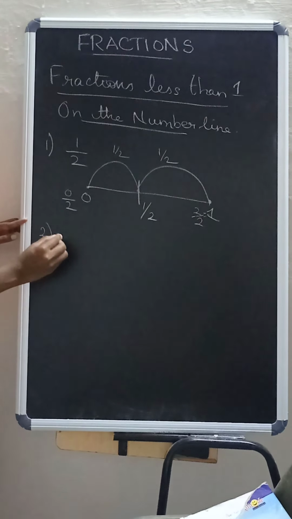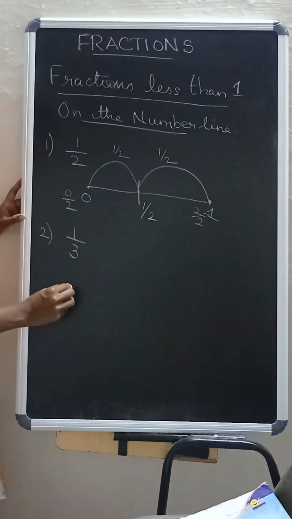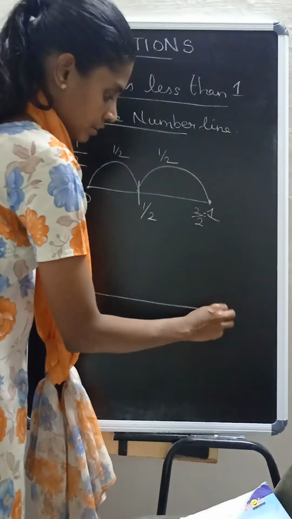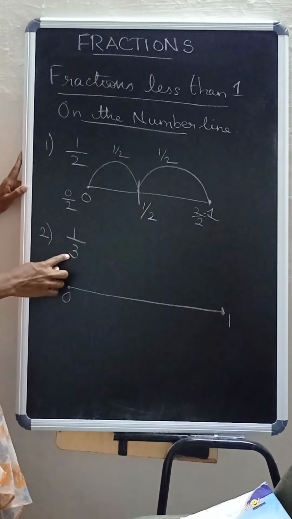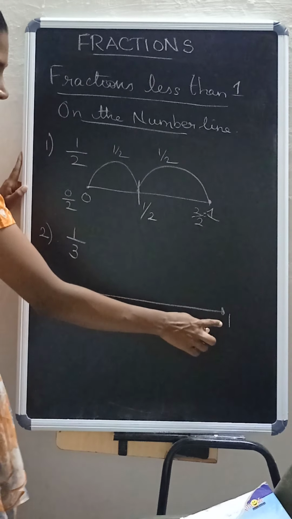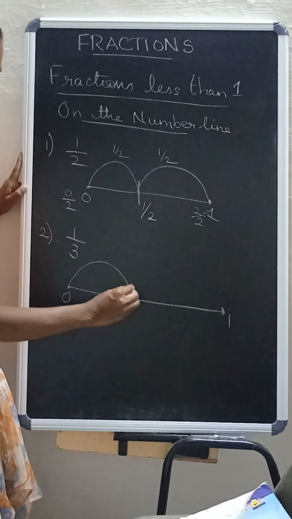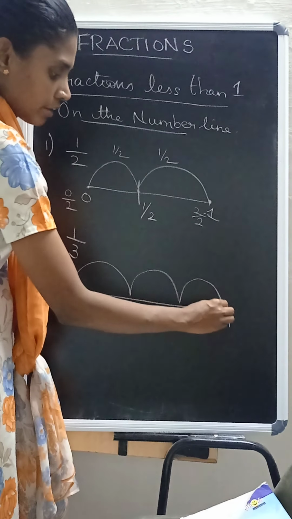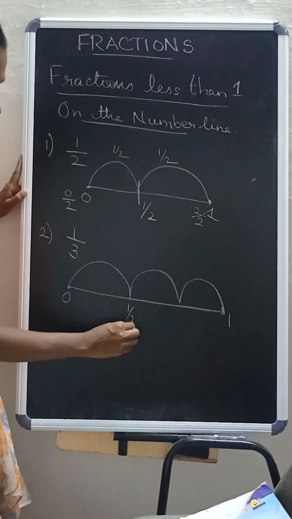Next, 1 by 3. Take a line 0 to 1. I am going to split it into 3 parts. 1, 2 and 3. Now here it will be 1 by 3.